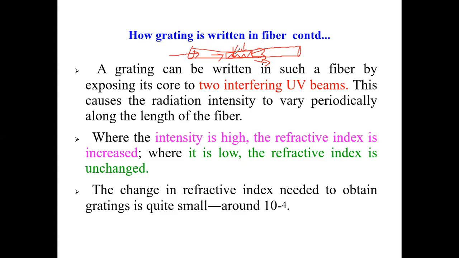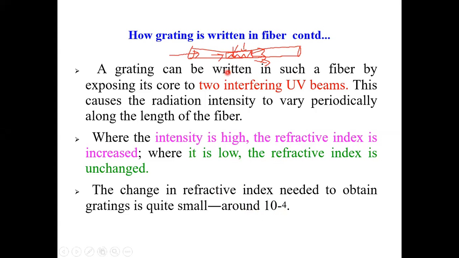Now, by changing the refractive index, how much can I change it? The change in refractive index needed to obtain a grating is quite small. You might feel that the difference of refractive index between core and cladding is very small, even though the core has a higher refractive index. Here you can see around 10 raised to minus 4. That much change is just required to create a fiber grating. The change is not so high.